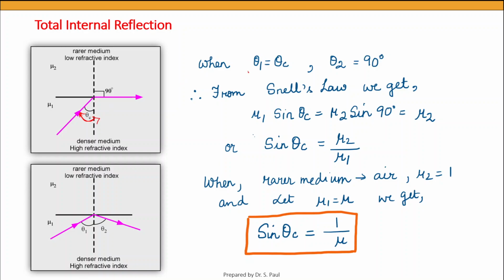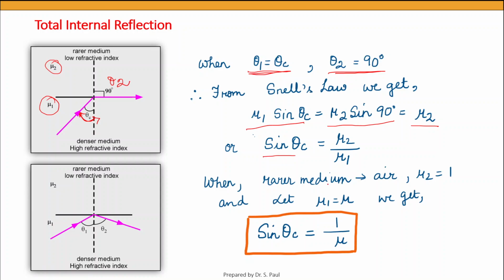When theta 1 is equal to theta c, theta 2 is 90 degrees. From Snell's law we get mu1 sine theta c equals mu2 sine 90 degrees. Sine 90 degrees is 1, so mu1 sine theta c equals mu2. Therefore, sine theta c equals mu2 by mu1, where mu2 is the refractive index of the rarer medium and mu1 is the refractive index of the denser medium.